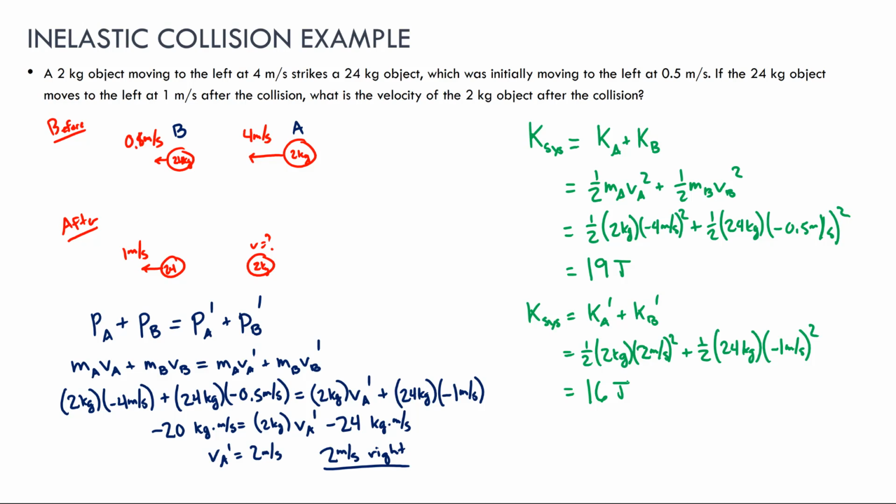The reason that's important is we know that the kinetic energy is not the same after the collision as before, which means we know that the collision is not elastic.